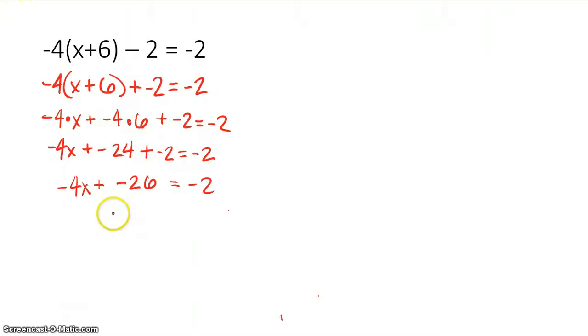And now what you're going to do is take the -26 and do the opposite of that and add that. So plus 26, and -2 plus 26. Since the positive number is bigger compared to the negative number, you're going to do basically 26 minus 2, but we would say in math terms, which is more correct, 26 plus -2.